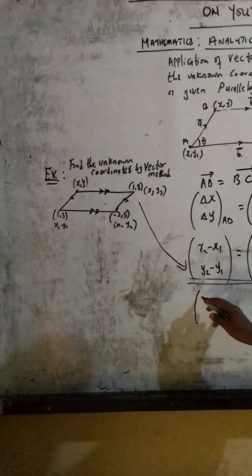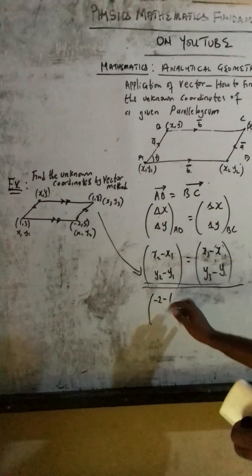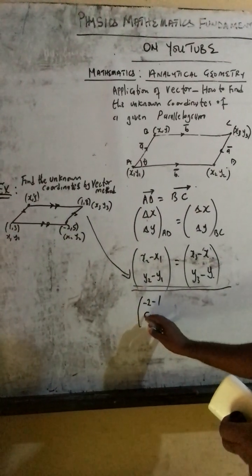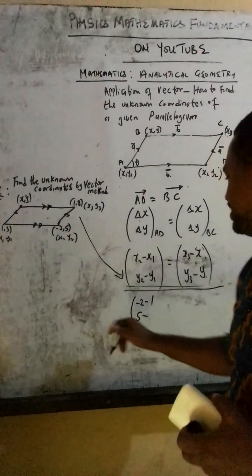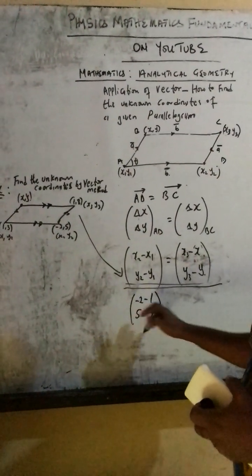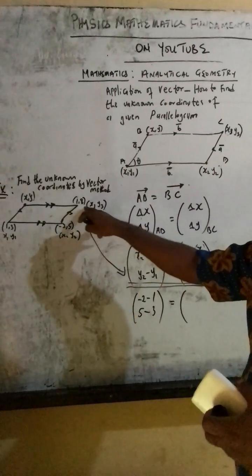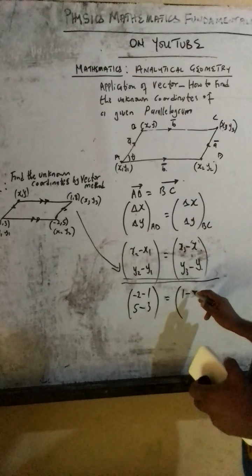If you look at this formula, x2 here is minus 2. So I will just put minus 2 there. Then minus x1 here is 1. Then y2 here is 5 minus y1 here is 3. So for this side, we say is equal to x3 here is 1, so we put 1 here minus x.